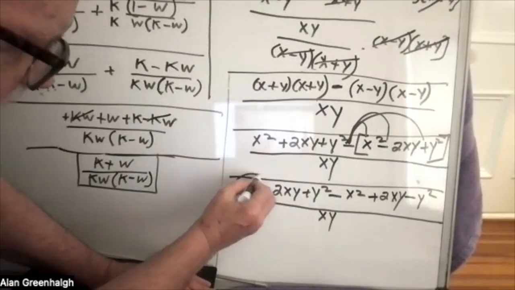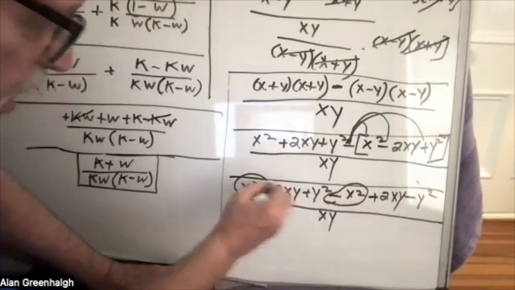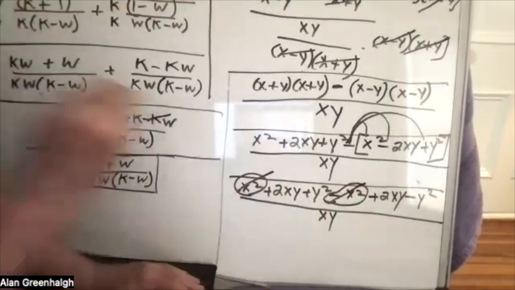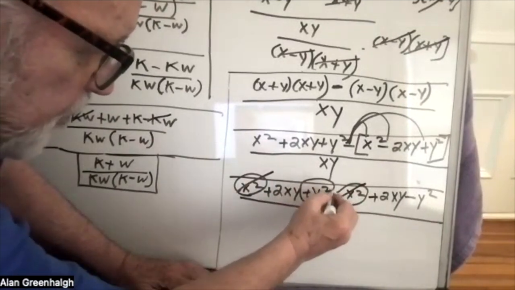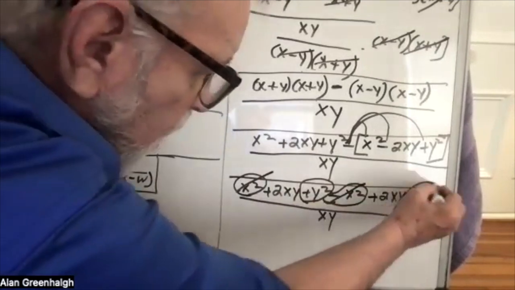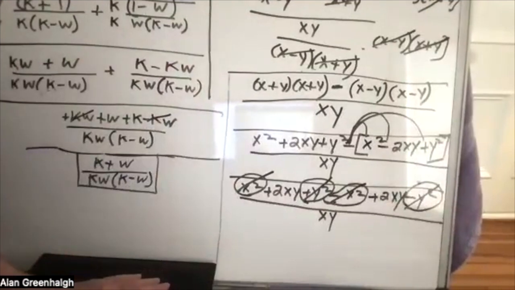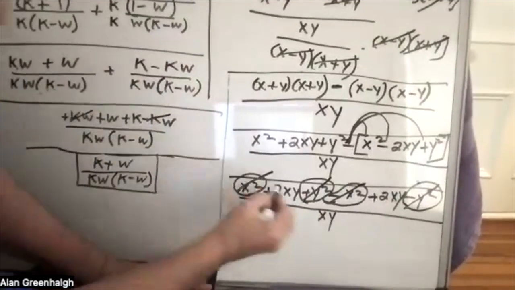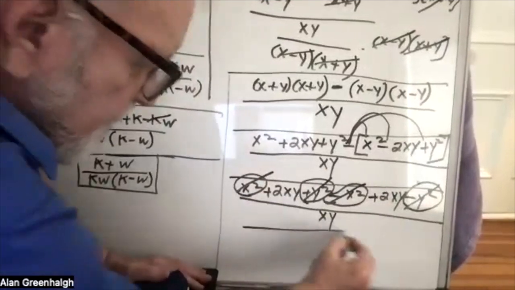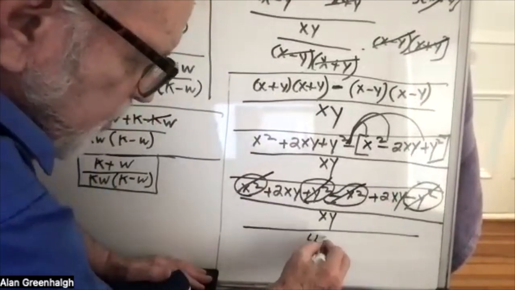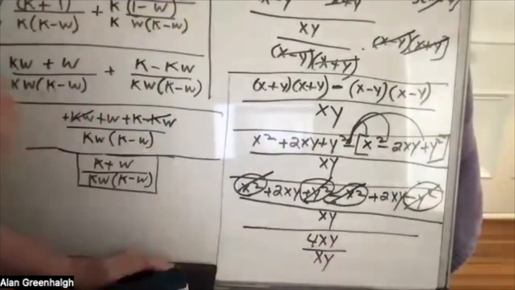The x squared and the negative x squared become 0. The y squared plus the negative y squared become 0. And then 2xy plus 2xy is 4xy over xy.